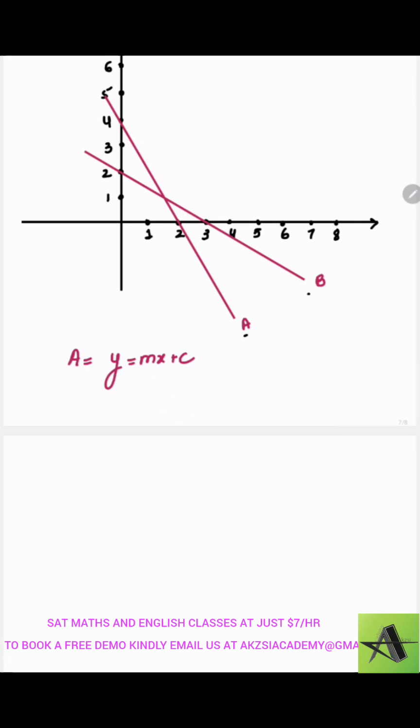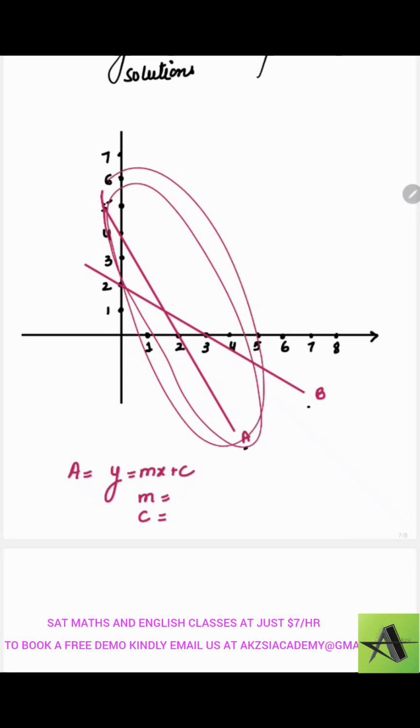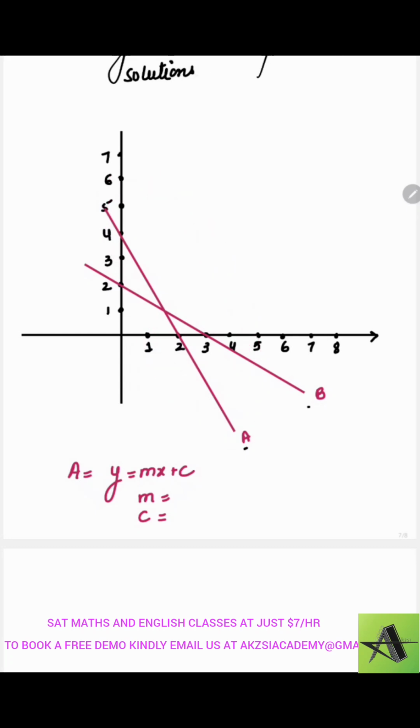We have to find m and c, slope and y-intercept. Look at this straight line A. Clearly, the y-intercept is 4 because this straight line is intersecting y at 4. So c is 4. Very easy.